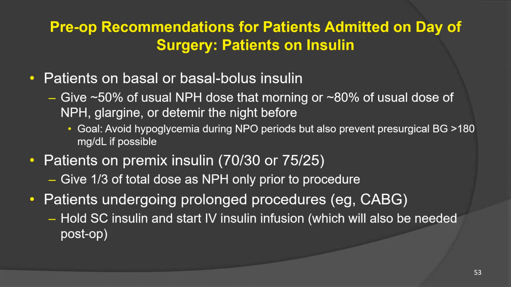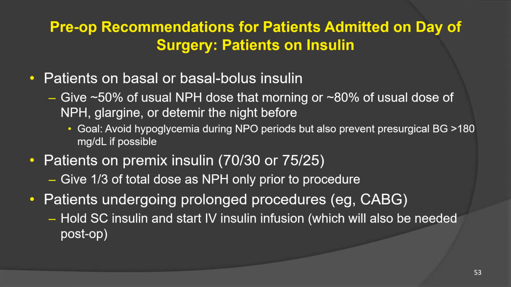The goal is to avoid hypoglycemia during NPO periods, but also prevent pre-surgical blood glucose of more than 180 if possible. Otherwise, the anesthesia team would postpone the surgery anyway, which will be a loss to the patient's financial status and the surgeon's time frame and everything.